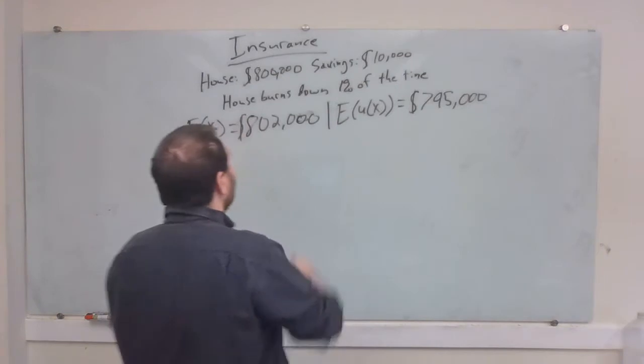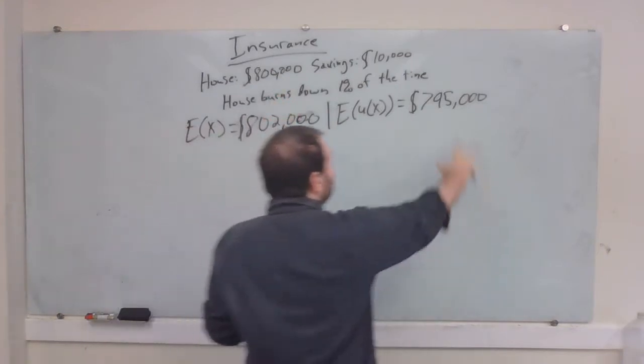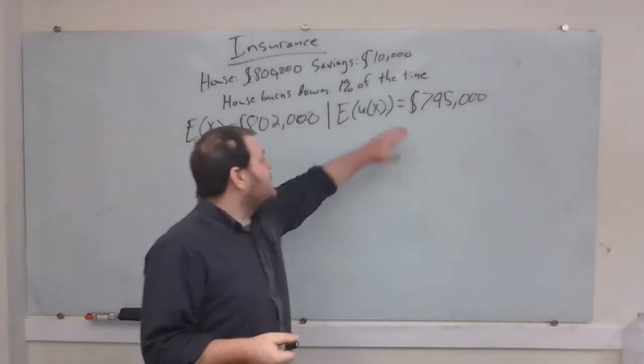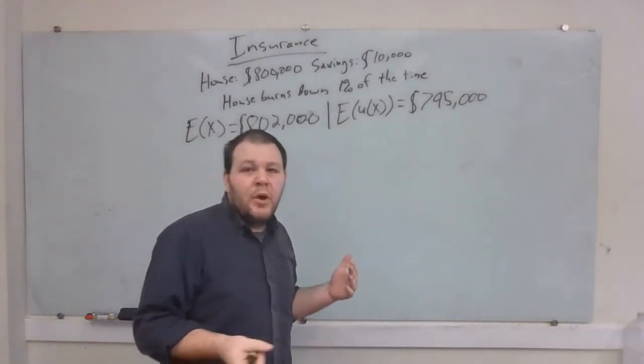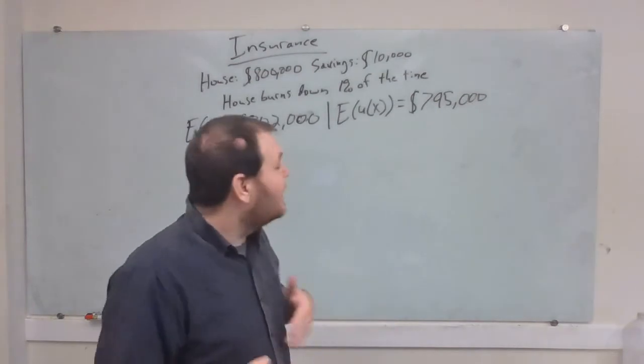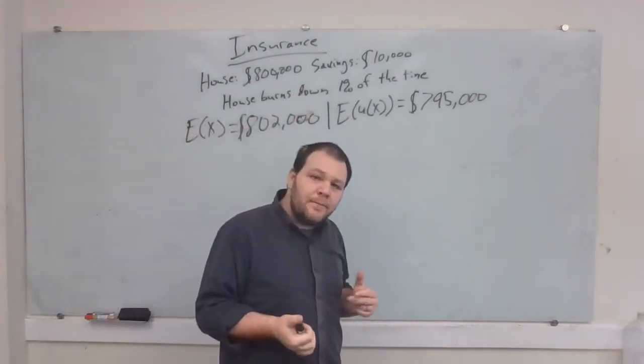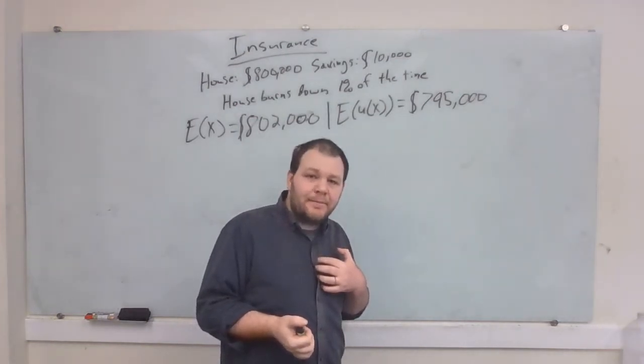That would leave me with $800,000 for sure, which is better than $795,000 for sure, which is how much I value my current situation. So if someone was willing to offer, pay me $10,000 a year, and I'll take care of it if your house burns down, I would be very happy to take that offer.